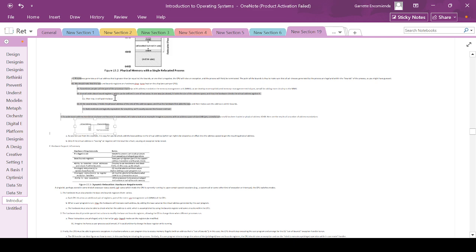Sometimes people call the part of the processor that helps with address translation the memory management unit, or MMU. So this is what people think of when they mention MMU. As we develop more sophisticated memory management techniques, we will be adding more circuitry to the MMU.